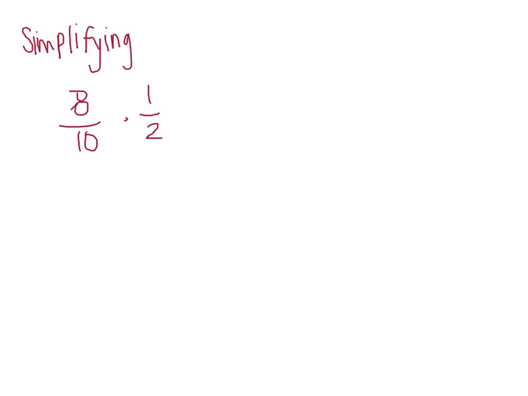So if I divide this by 2, 2 divided by 2 will leave me with 1. If I divide 8 by 2, 8 divided by 2 will leave me with 4. So when I multiply across now, I have 4 times 1 is 4, 10 times 1 is 10.